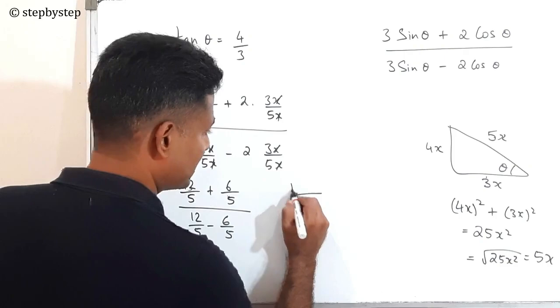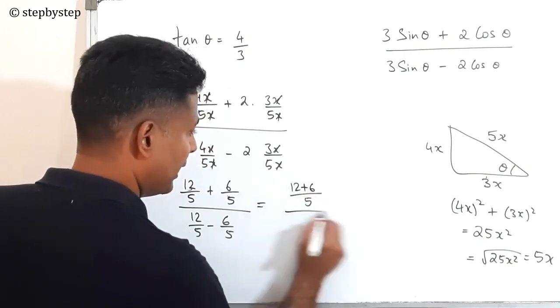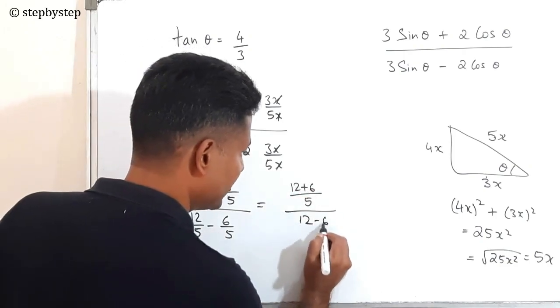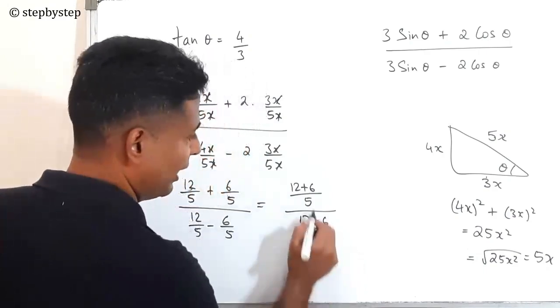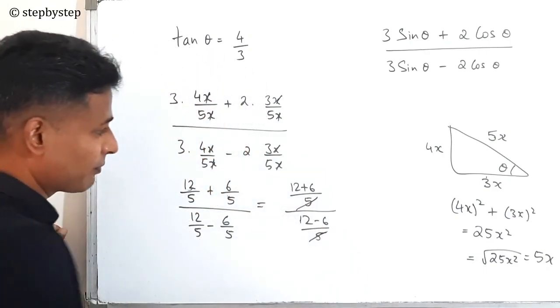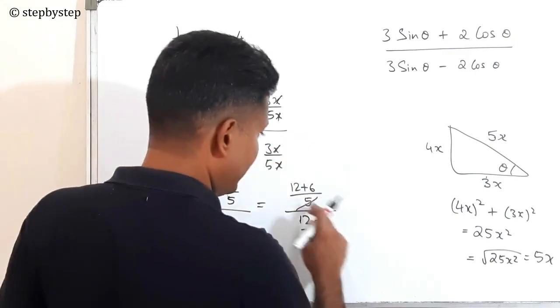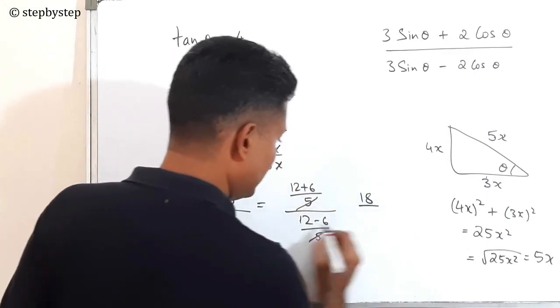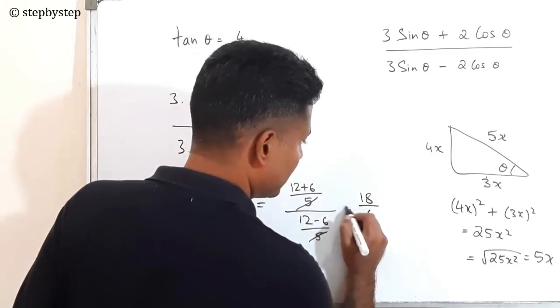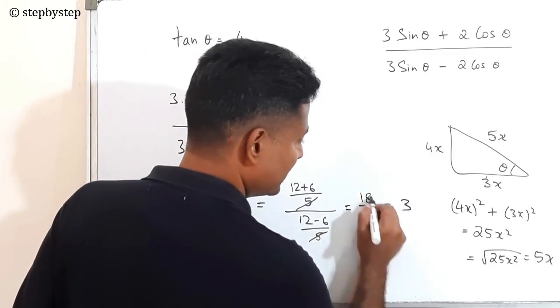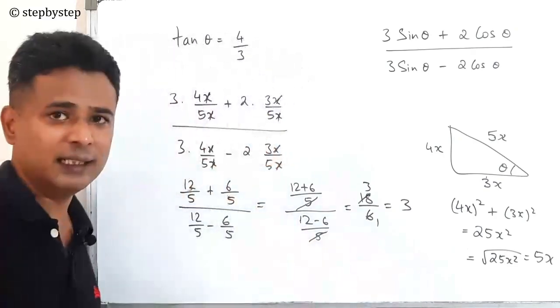We'll get 12 plus 6 over here and 12 minus 6 over here. So this 5 and this 5 will cancel. Why? Because this will come down and this goes up. So 5 by 5, 1. Alright, now 12 plus 6, 18, by 12 minus 6, that is 6. So the answer is 3.